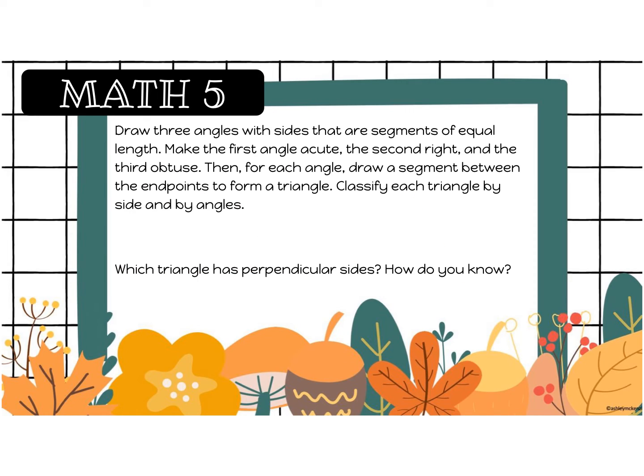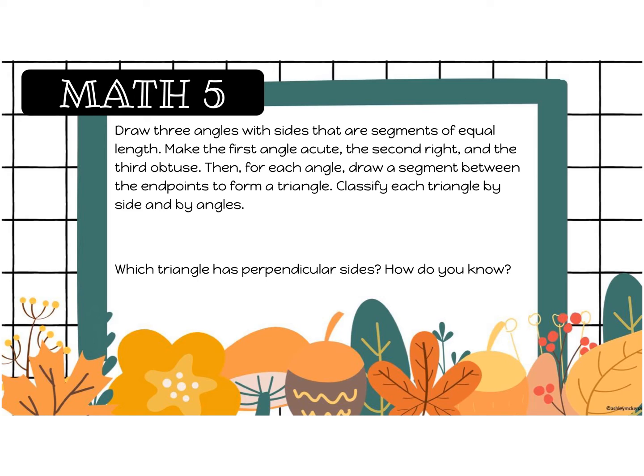Okay, last example. It says draw 3 angles with sides that are segments of equal length. Make the first angle acute, the second right, and the third obtuse.